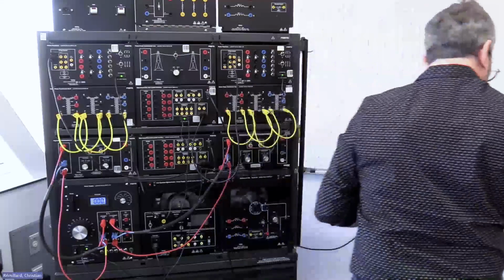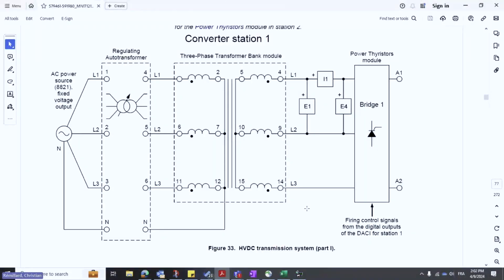Good. So if we go back to the schematic here, we will see that we want 4, 5, and 6 of our autotransformer to go to 1, 6, and 11 on the primary here.